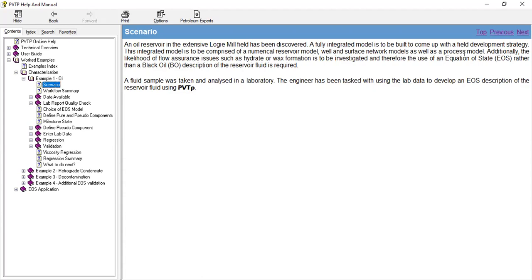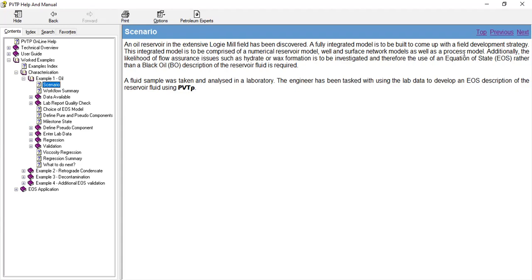Additionally, the likelihood of flow assurance issues such as hydrate or wax formation is to be investigated, and therefore the use of an equation of state, EOS, rather than a black oil description of the reservoir fluid is required.